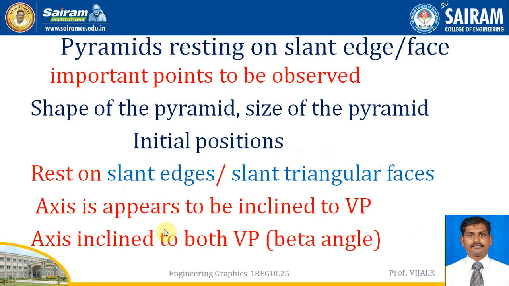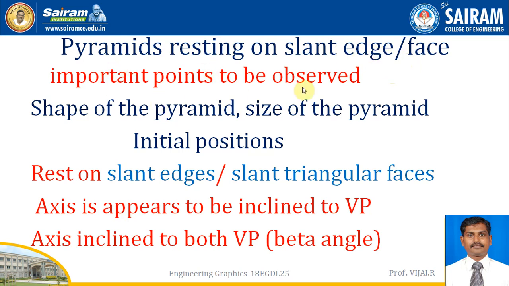Okay, now in these problems what is important is pyramids resting on a slant edge or face. Earlier we have seen pyramids or prisms resting on one of their corners or one of their edges. Now it's slant edges, that is, the short edges, or faces. So mostly pyramids only will come.